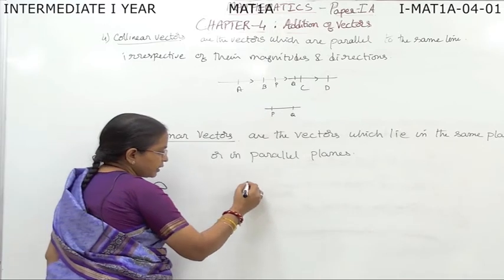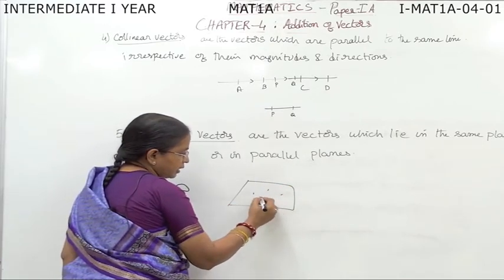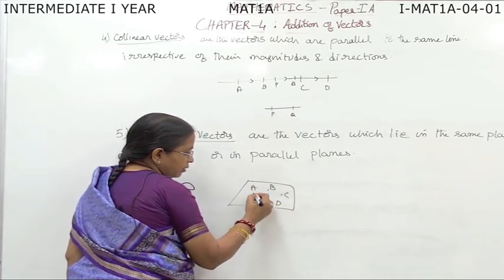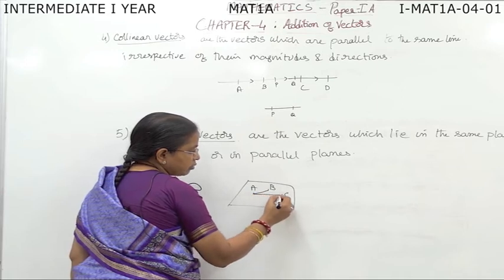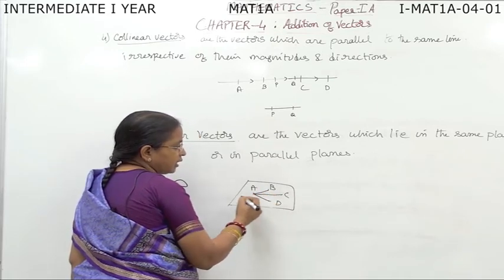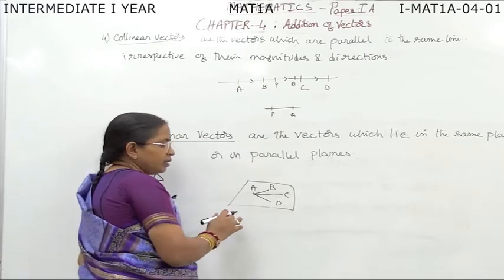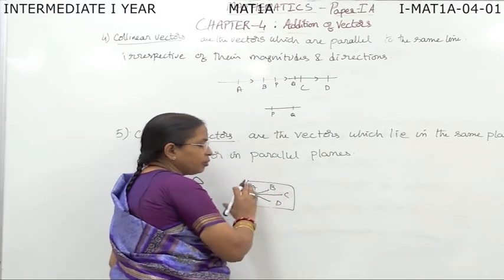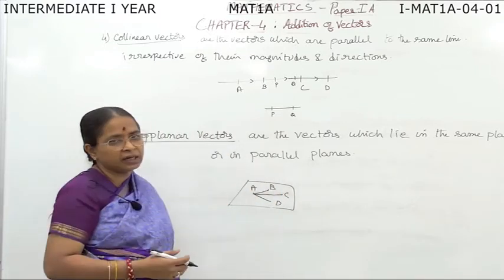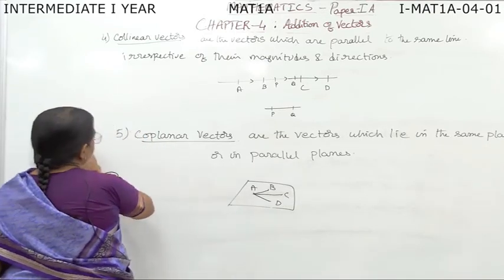Now suppose that there are 4 points, A, B, C, D. They can be proved to be coplanar if the vectors AB, AC, AD are coplanar. We'll use this concept in solving the problems. The 4 points are coplanar if the 3 vectors AB, AC, AD are coplanar. So this is about coplanar vectors.